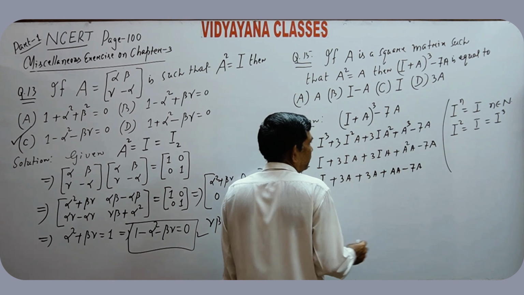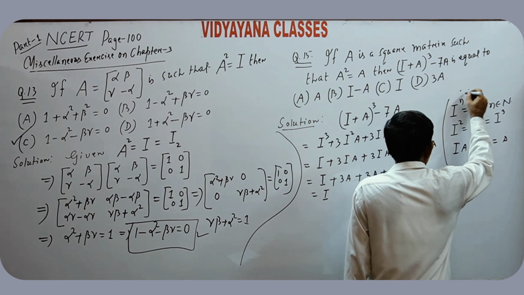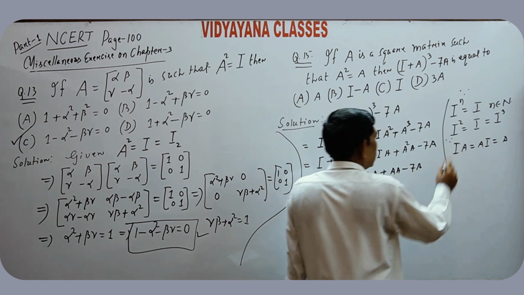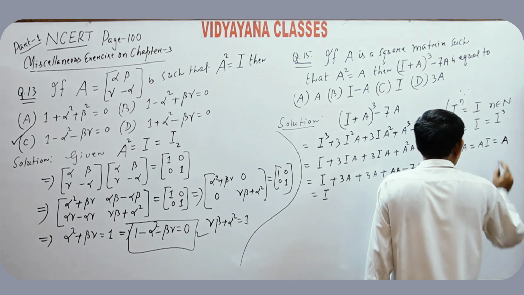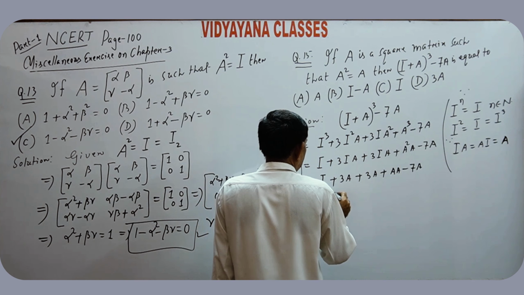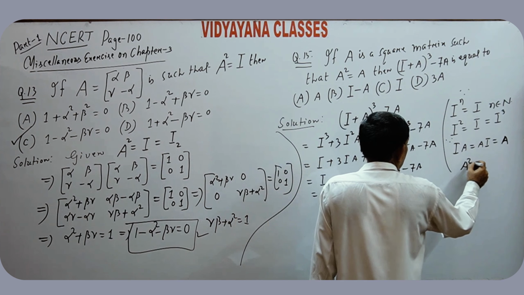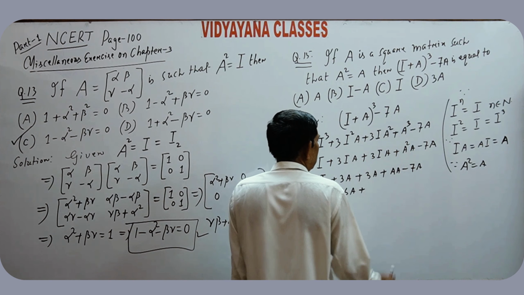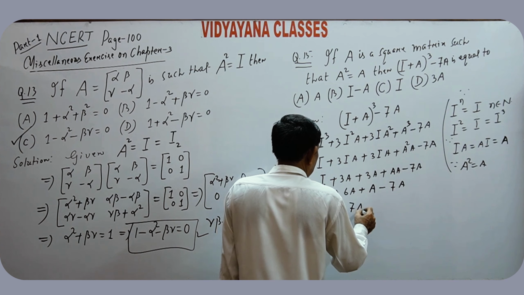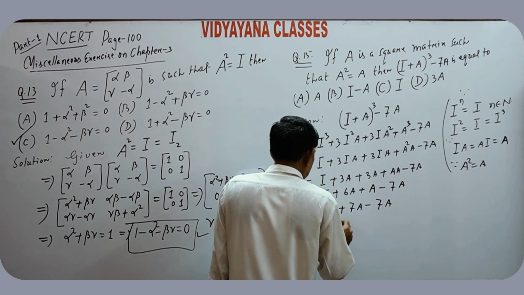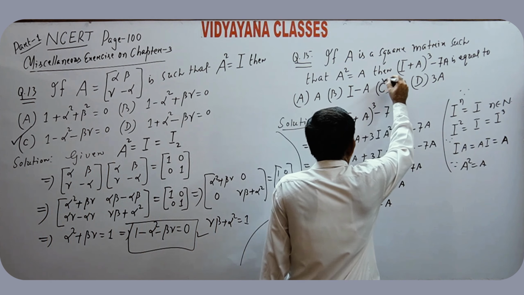Since I into A is equal to A into I is equal to A, 3A plus 3A is equal to 6A, and A into A is equal to A square, which is equal to A. So I plus 7A minus 7A gives value I, the unit matrix of order 2. So the correct option is C. It is the answer.